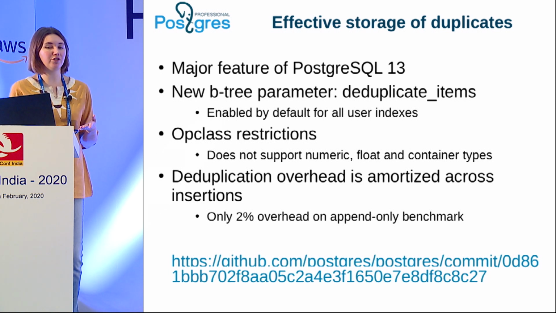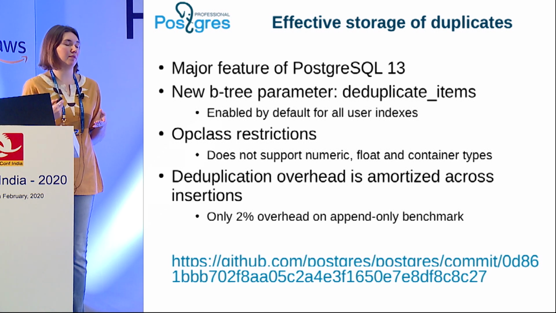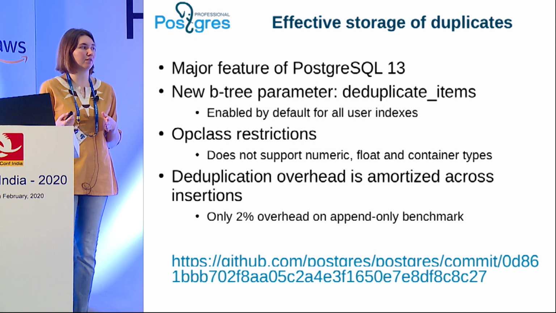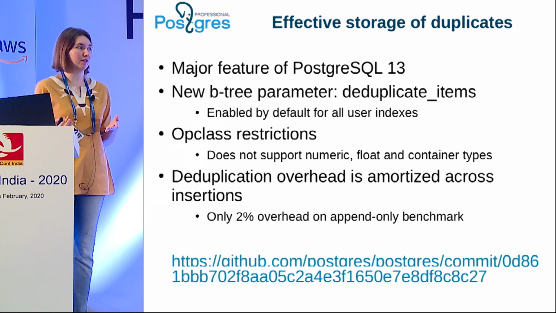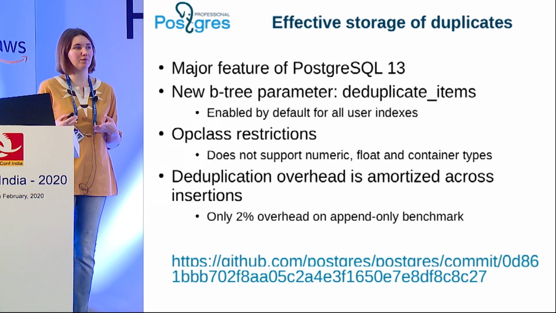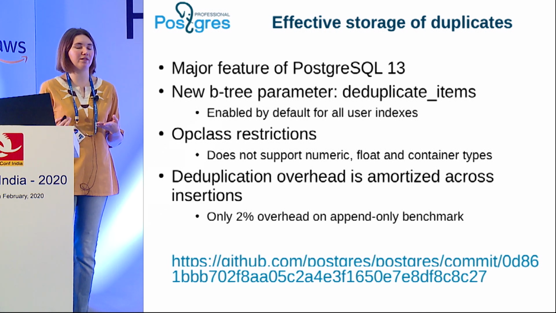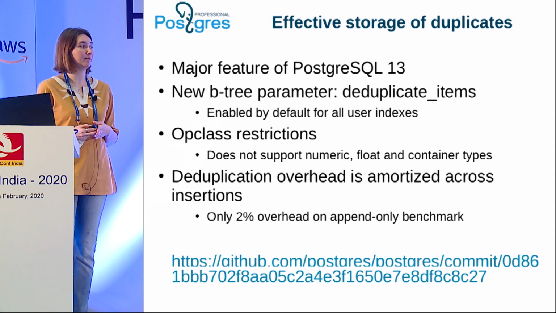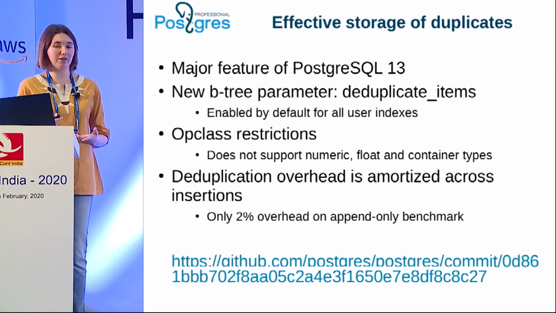The deduplication overhead is amortized across insertions, so it adds very little overhead, only 2% on an append-only benchmark, which can be considered the worst case. Again, I encourage you to test it with some more real data, and if you help us to find some worst cases, we'll be able to improve them. The deduplication is only applied when a page is about to split.